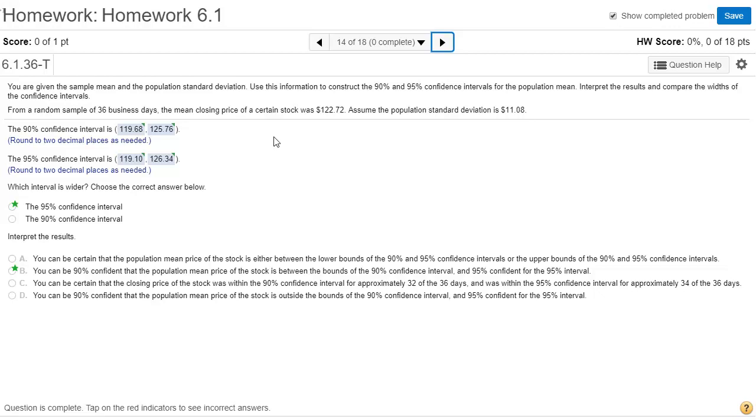The second condition is if we know the population is normally distributed, then we know our sampling distribution will be normally distributed as well. So in this problem we have an n value of 36, and we know our value for sigma, our population standard deviation.